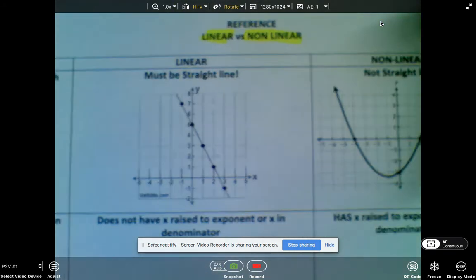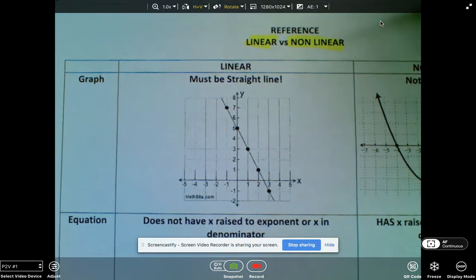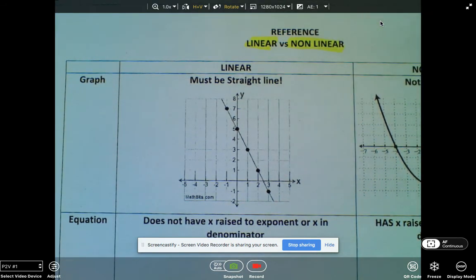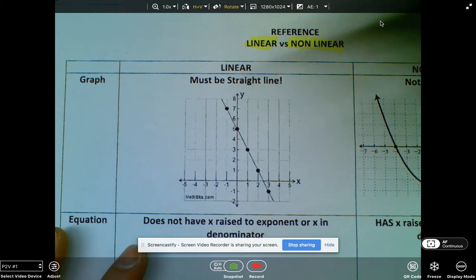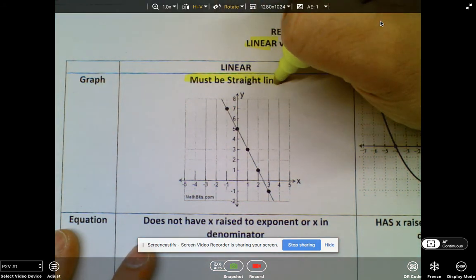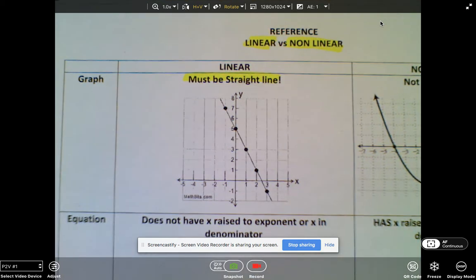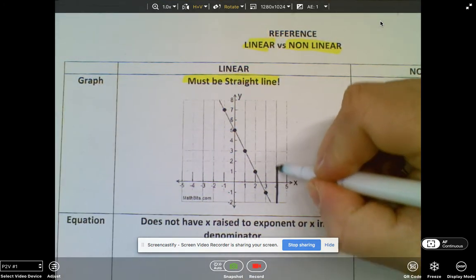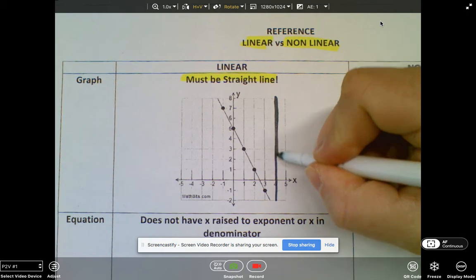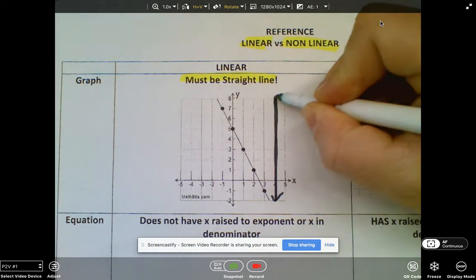The easiest way to decide is the graph. To be a linear relationship, a graph really just has to be a straight line. Except for, of course, this line right here. That is a line that's called what?